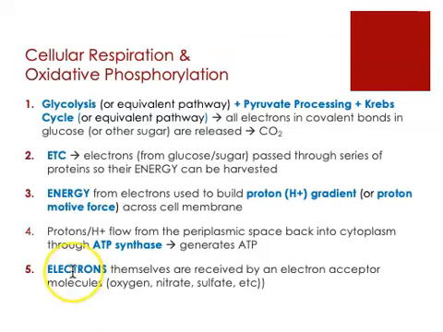And the place where they're going to go at the bottom of the electron transport chain is to that final electron acceptor. It might be oxygen, or it might be some other molecule. But the end of this long process of cellular respiration and oxidative phosphorylation is the acceptance of those electrons that came out of glucose by that final electron acceptor molecule.